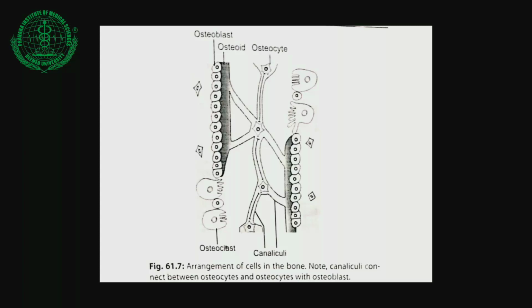Factors that stimulate the bone resorption: parathormone, cortisol, thyroxine, prostaglandins, interleukin 1 and 6, TNF. Factors that inhibit the resorption: estrogen, androgens, calcitonin, gamma interferon, and TGF-beta, etc.